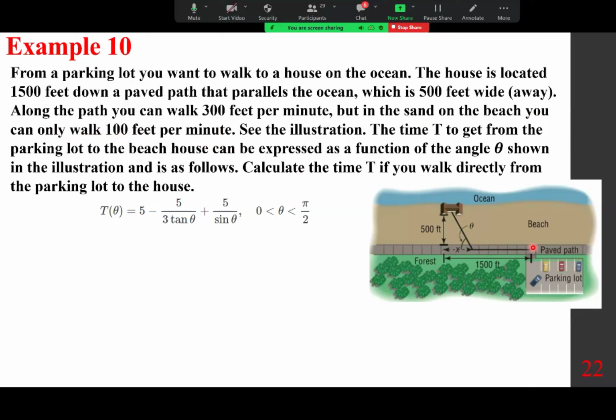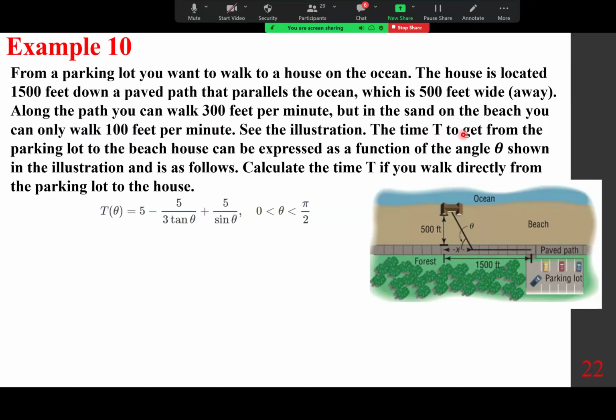See the illustration. So we want to go from the parking to the house. Some of it we use the paved path, some of it in the sand. We have many choices. We can go straight to here and then here, or at some point we make the turn, or go only directly through the sand. So there are many different ways.